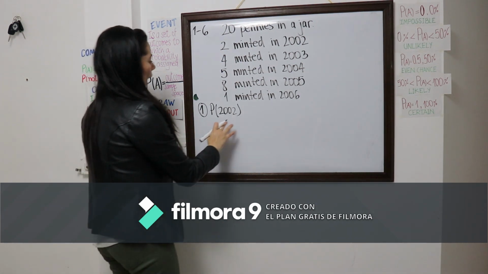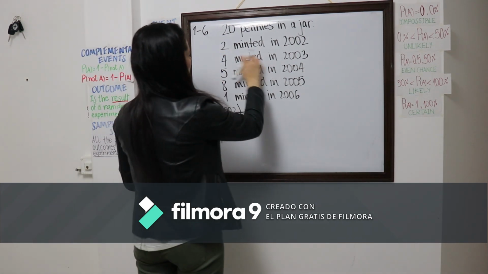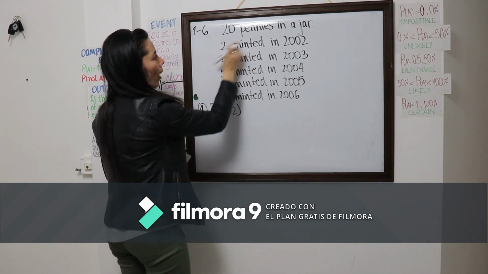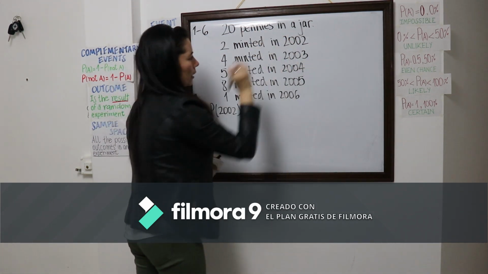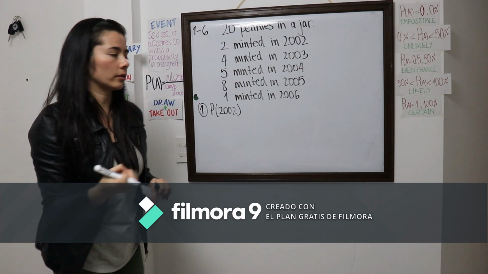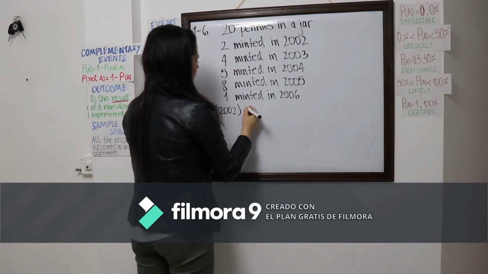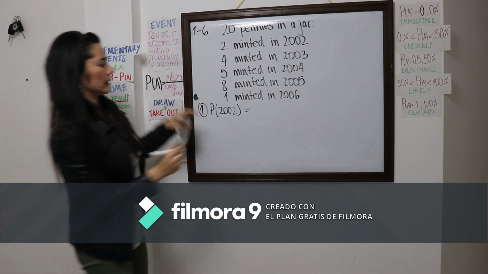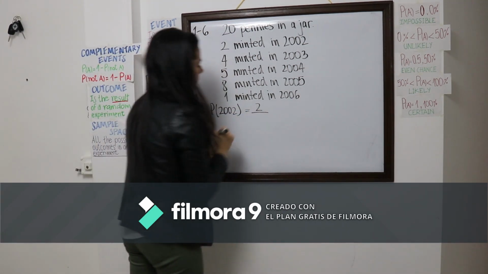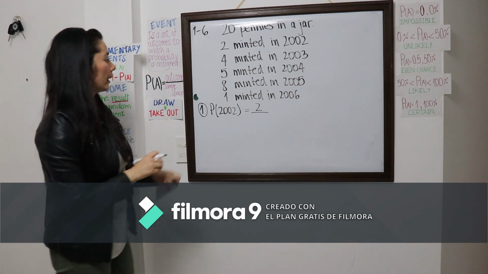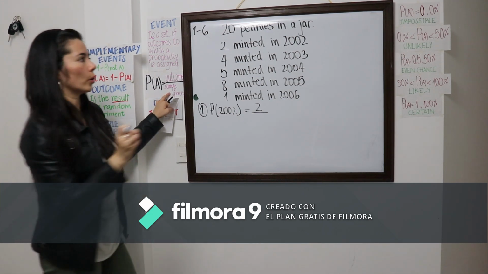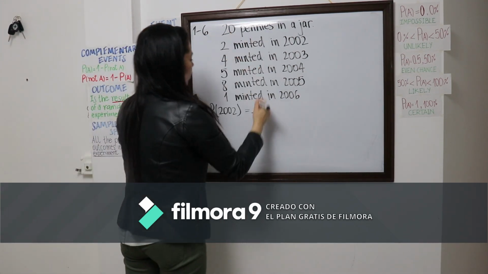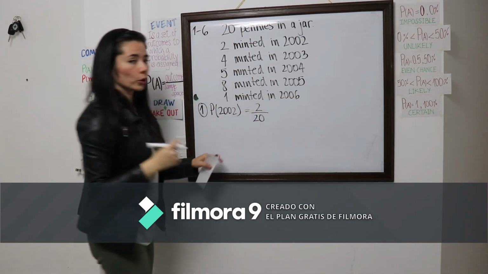Well, I need to check for the event. The event is what are the pennies that are minted in 2002? I know it's 2. So remember, I need the number of outcomes for that event. So here I know it's 2 possibilities for that event. And then I need the sample space. That means the total in the experiment. So that is 20. So I get 2 20ths.